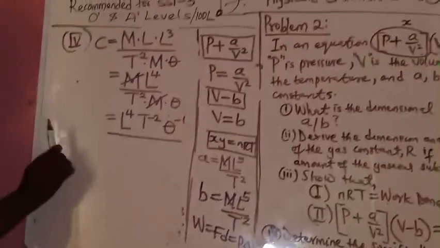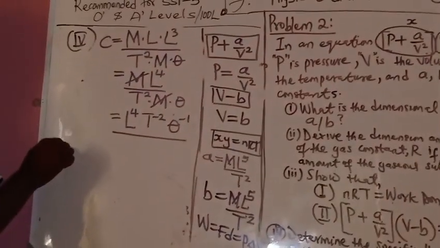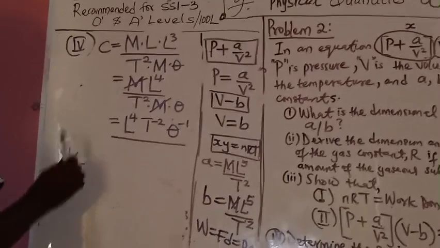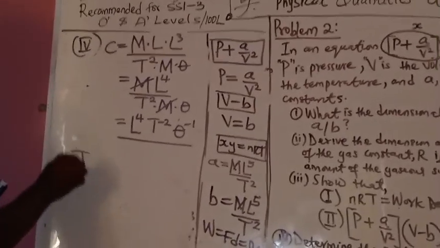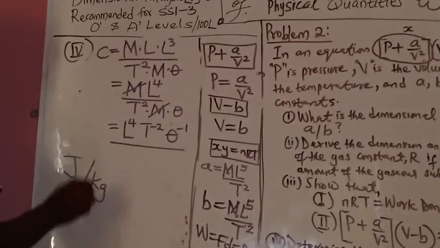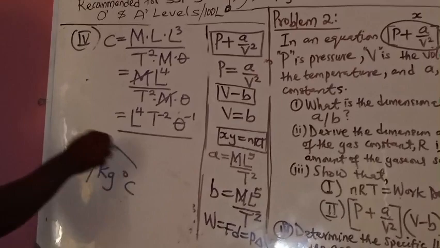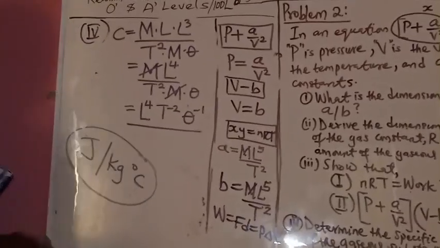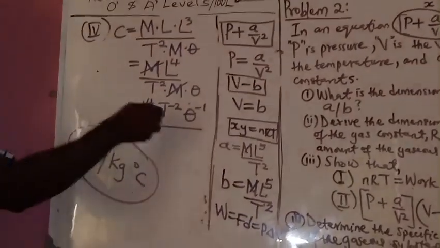Remember, the base unit for specific heat capacity is joule per kilogram per degree Celsius or Kelvin. It means that if you break this up dimensionally, it will give you this.